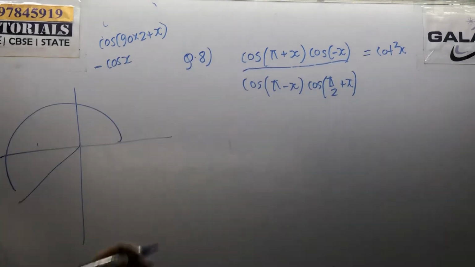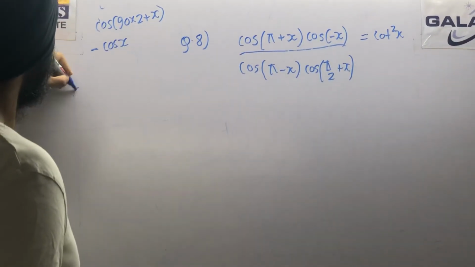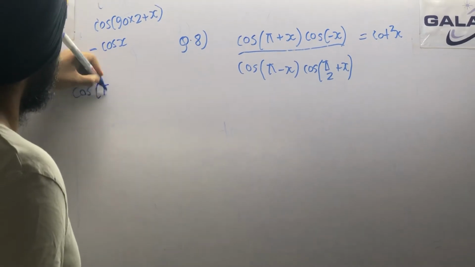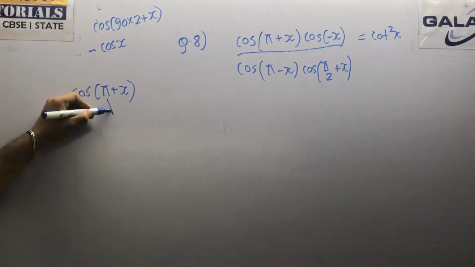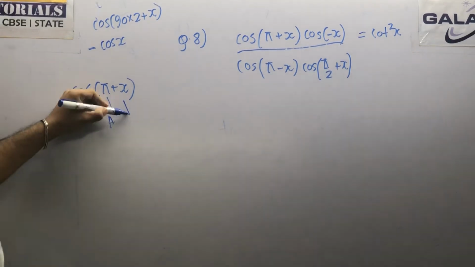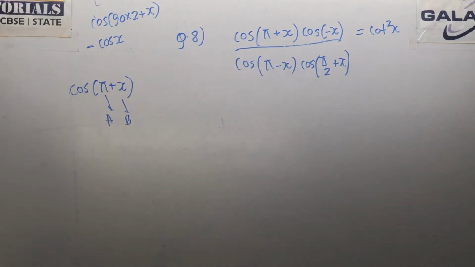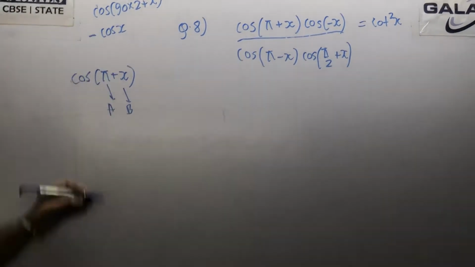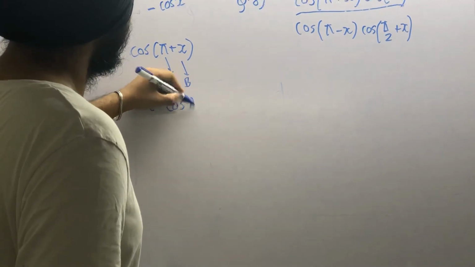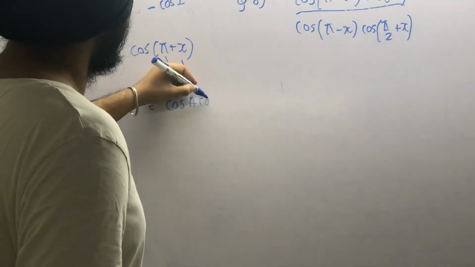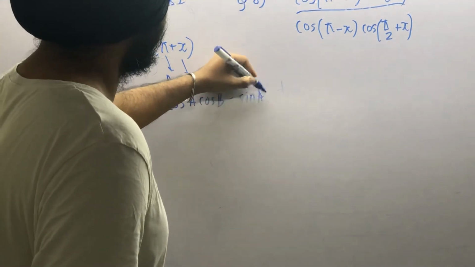What will be the second way? Using the identity from this chapter, I will show you only once, you can do the rest on your own. Cos pi plus x will be how much? Pi is equal to a, x is equal to b. So this is a simple question of cos a plus b. The identity for cos a plus b is cos a cos b minus sin a sin b.